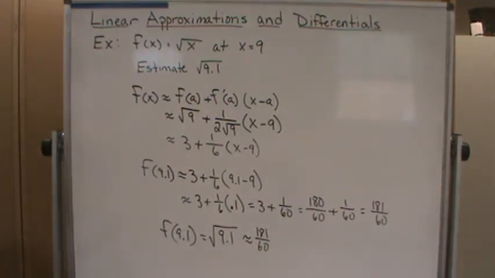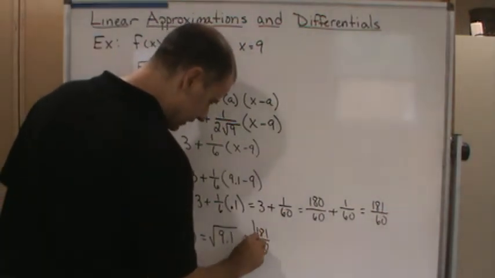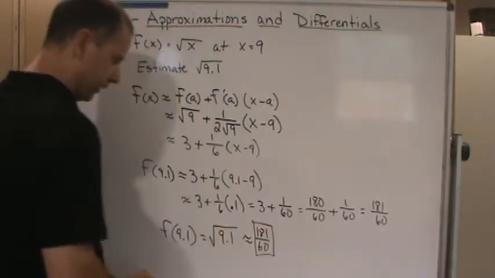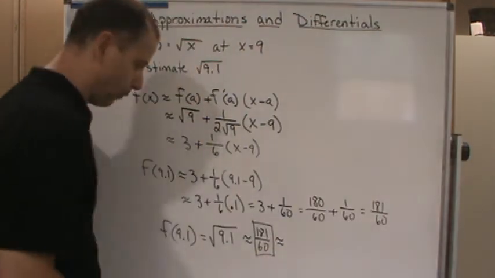Now, do they give us any decimal places? They don't. But let's approximate it out to 4 decimal places. This is the exact approximation given, but let's approximate it out.